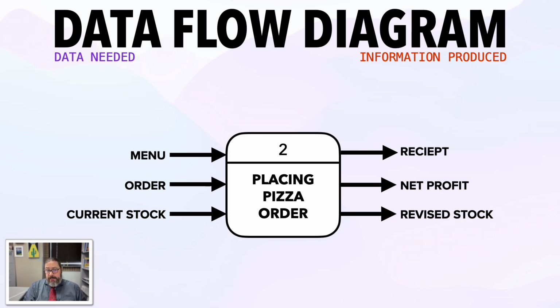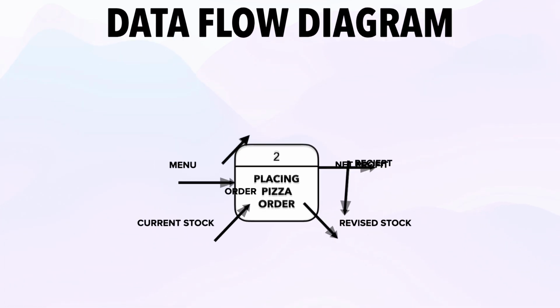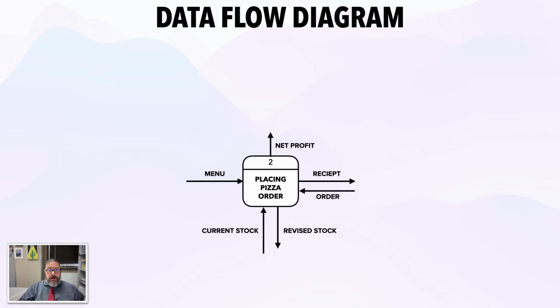Now, placing a pizza order is one of multiple processes in, let's say, a pizza ordering system. What we don't capture here yet is where the inputs come from and where the outputs go. So let's take a look at the receipt data and the order data that we have to and from the placing a pizza order process.